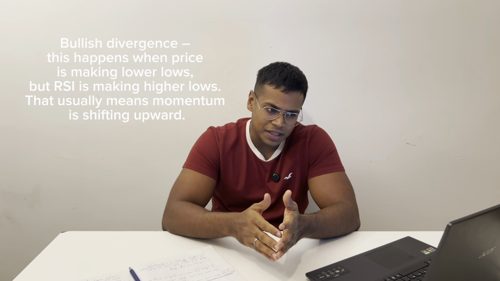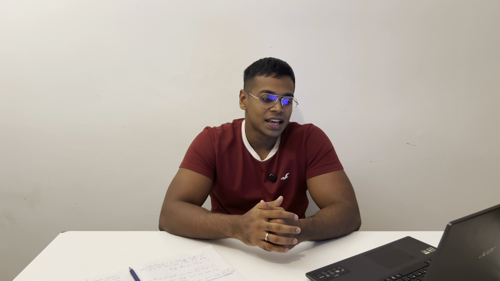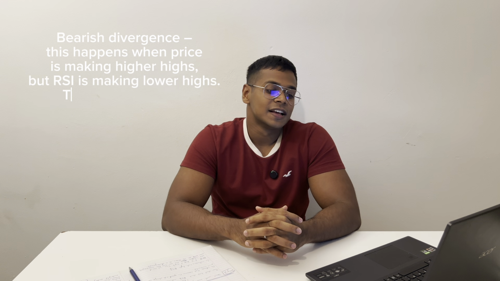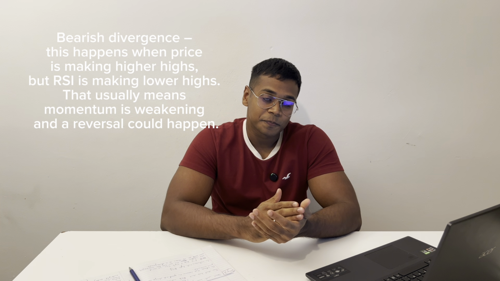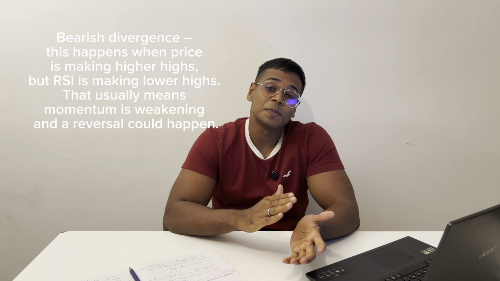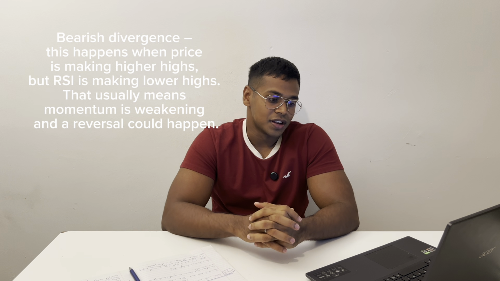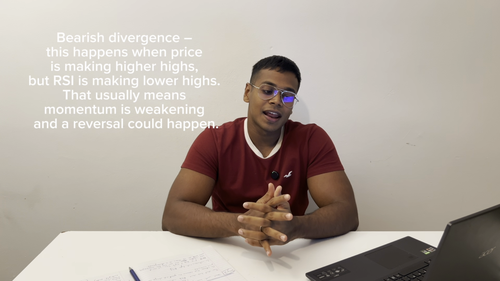That usually means momentum is shifting upwards. And bearish divergences happen when the price is making higher highs, but the RSI is making lower highs. That usually means momentum is weakening and a reversal could happen.